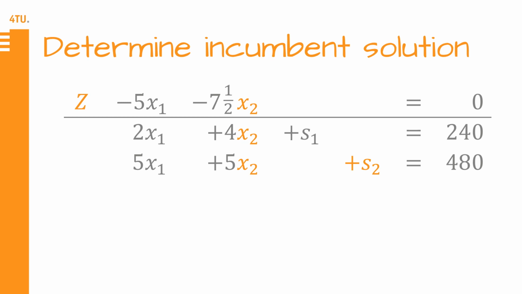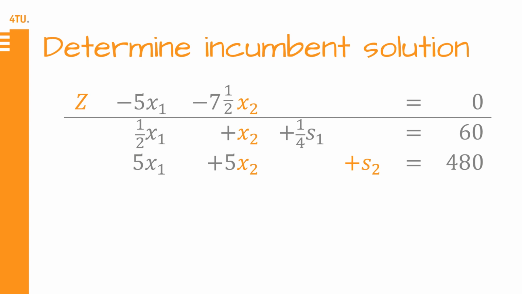We start with the current system where the new basic variables are colored orange. The only basic variable in the second equation is x2. We multiply this equation by 1/4 such that the coefficient of basic variable x2 becomes 1. Then we have a half times x1, 1 times x2, a fourth times s1, and a right-hand side of 60.